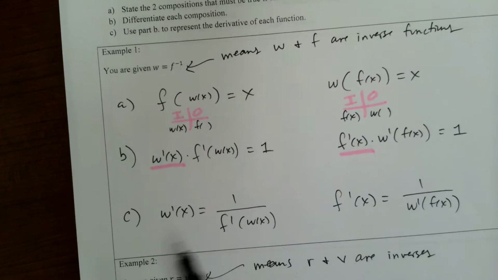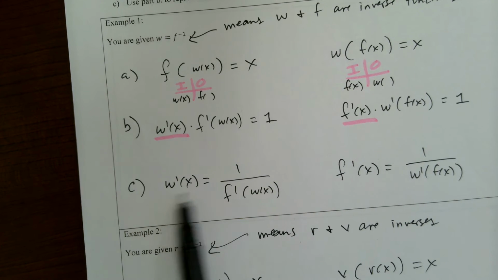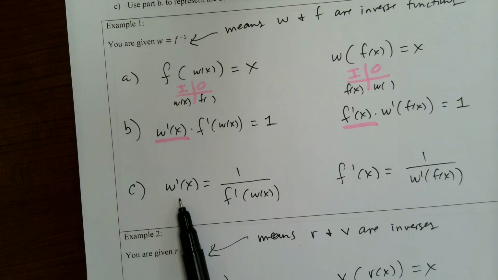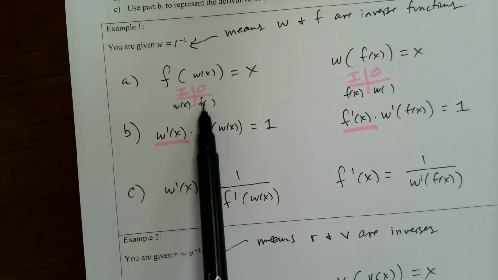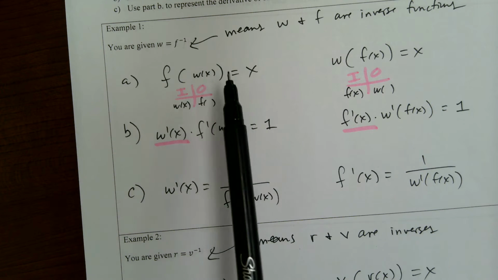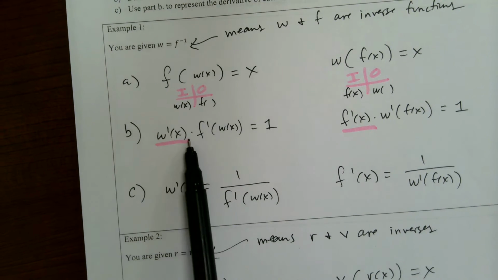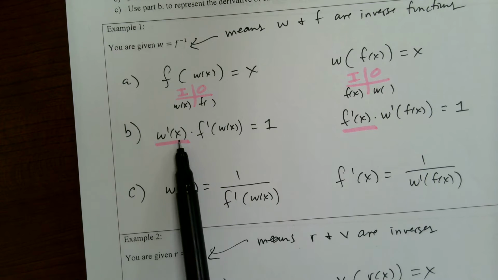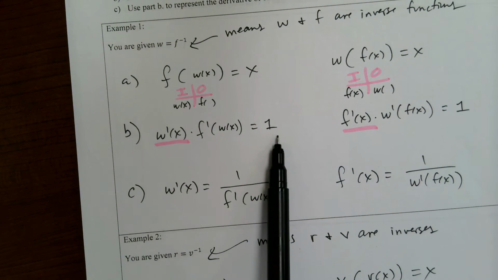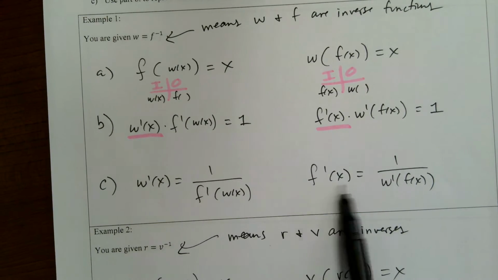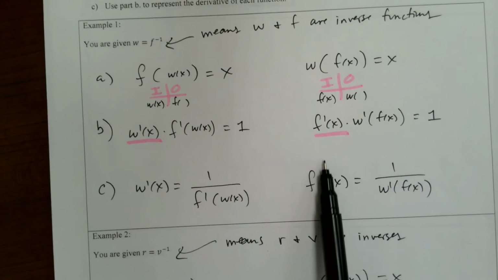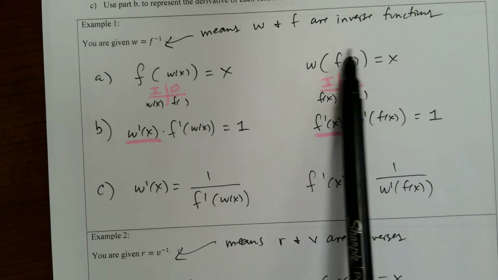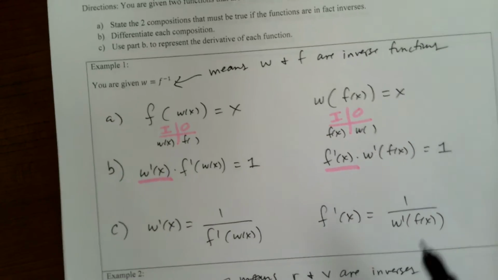Well, let's look. Here we were able in the end to solve for w prime. And where was it in part A? It was the inside function, because when you take the derivative of the inside function, that's what allows it to come out front, and then you just divide by the rest. Same here. When we solved for the derivative of f prime, we were able to do that because f was the inside function.